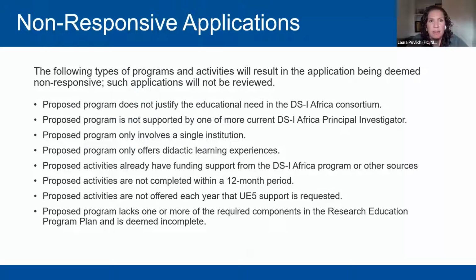So just to give a very clear picture of the scope of applications accepted for this RFA, we do also list the types of programs and activities that are considered to be not responsive.